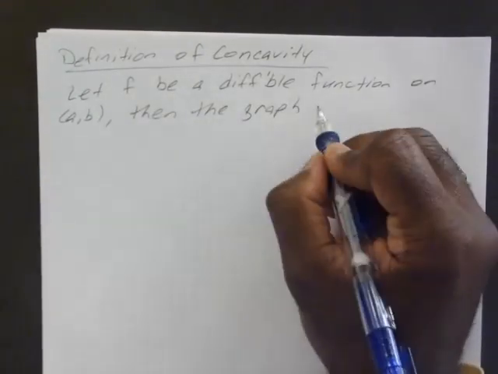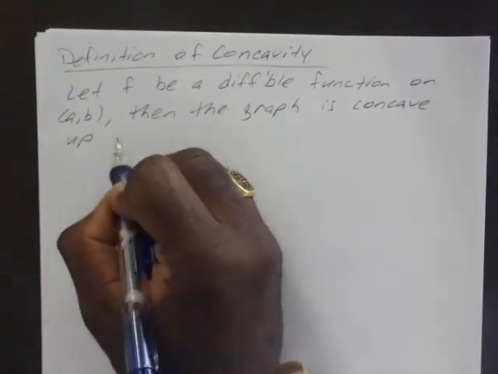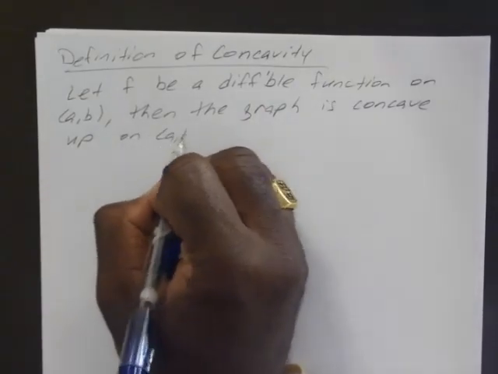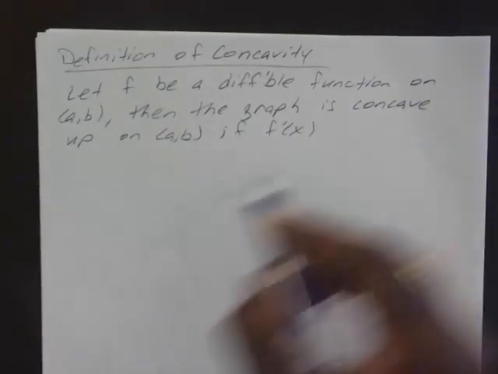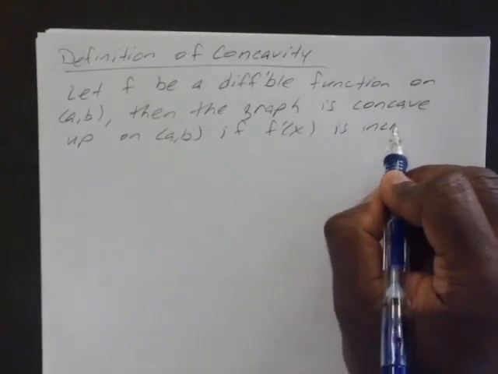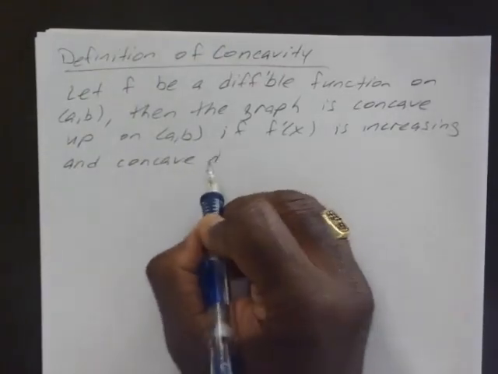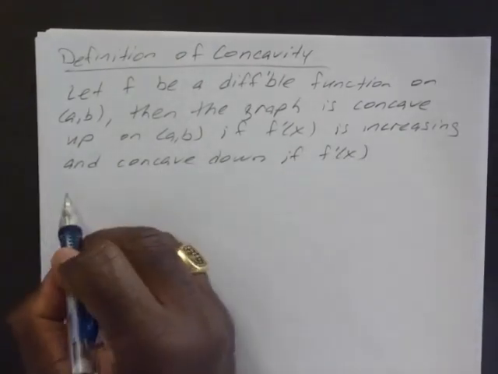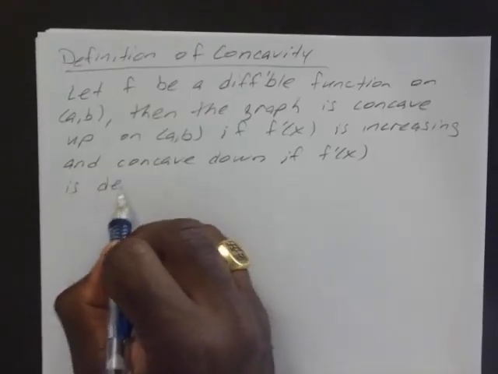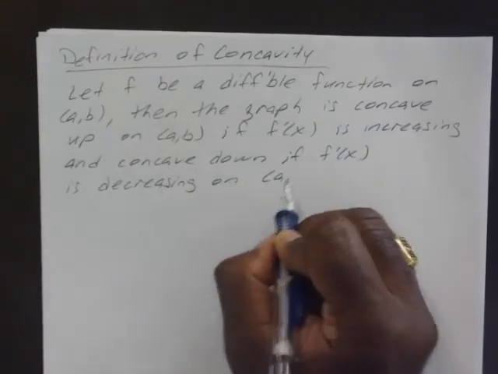And the graph is concave up on that interval if f prime of x is increasing. And concave down if f prime of x is decreasing, on the interval from a to b.